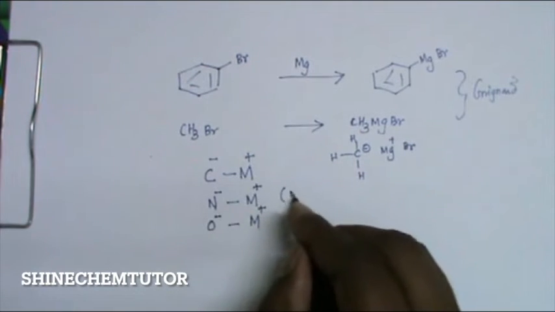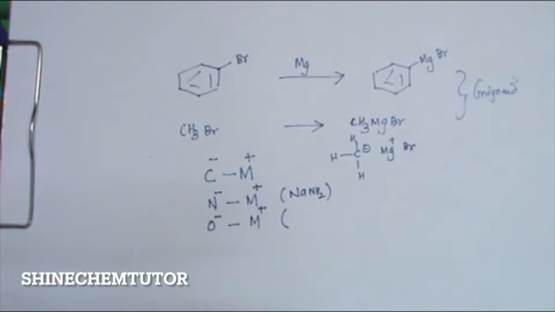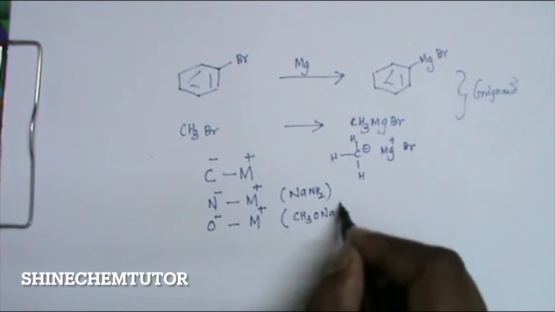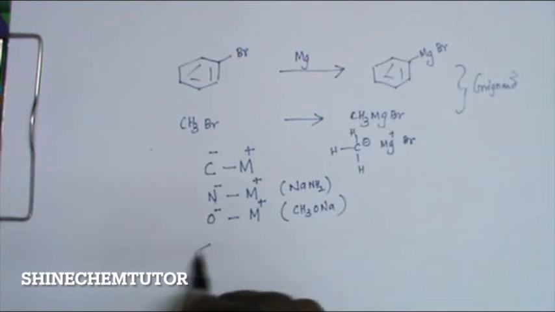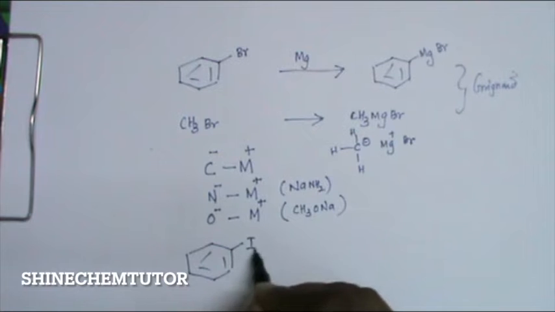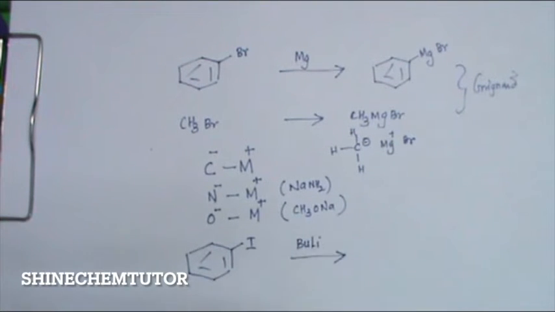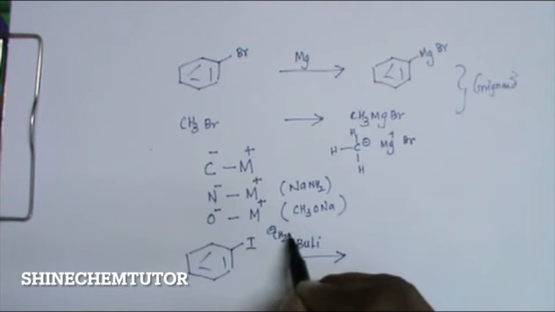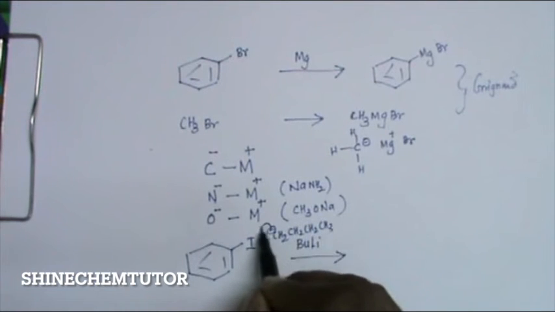For example, sodamide or LDA, sodium ethoxide or potassium tert-butoxide. The next method is lithiation. Let us take iodobenzene. To this, if I add butyl lithium, the base abstracts iodine.